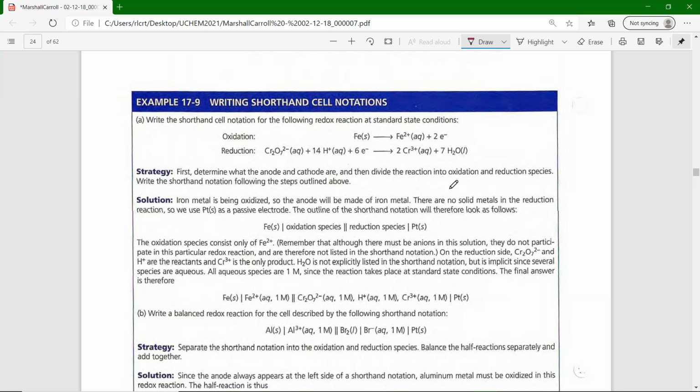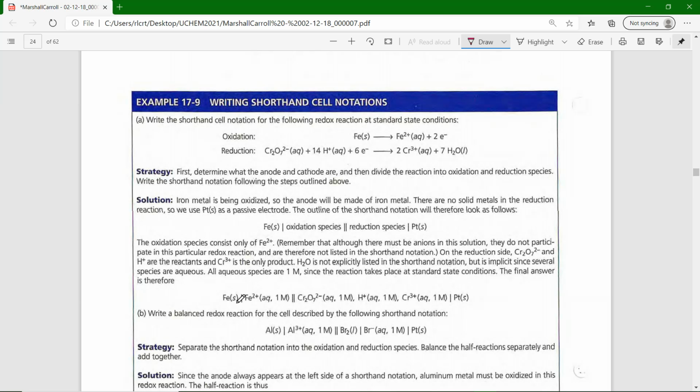So here's another example. We got iron going to iron 2+ plus 2 electrons, and we got the dichromate plus 14H+ plus 6 electrons goes to 2Cr3+ plus 7H2O. Okay, so let's jump straight to that. So iron is a metal, so we can just put it there.